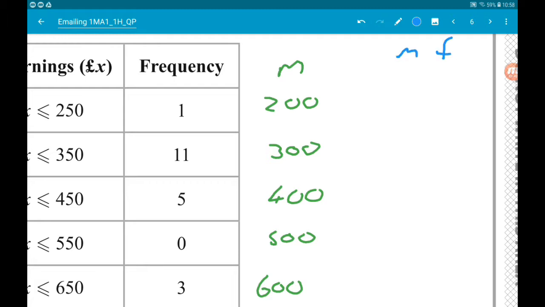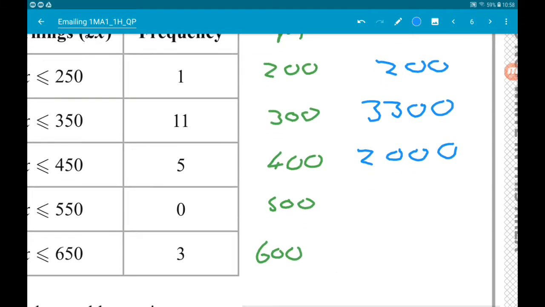So 1 times 200 is 200. 11 times 300 is 3,300. 5 times 400 is 2,000. 0 times 500 is 0. And 3 times 600 is 1,800.